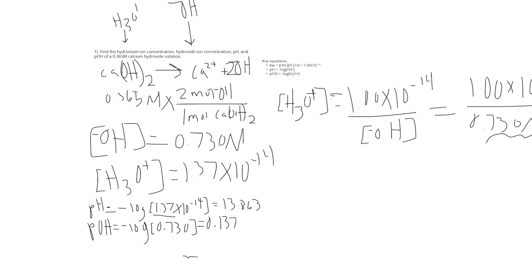There's another way of doing this as well. There's another equation, and that's that 14 equals pH plus pOH, which means that once we find one, pH or pOH, we can find the other. In this case, we found pH first, which is 13.863, plus pOH.